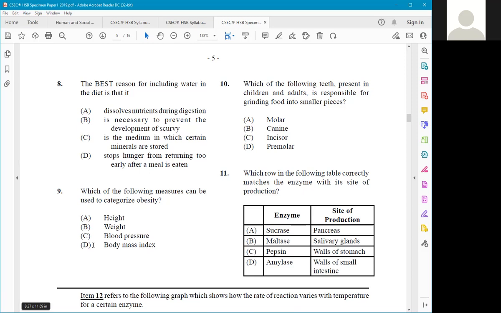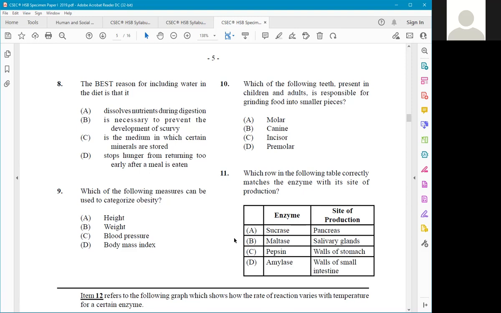They don't have to be obese. The weight alone, no. It has to be the weight in relation to the height of the person. And blood pressure, not at all. You have meager people with high blood pressure, meager people with low blood pressure, and the same with some persons who are already overweight. So the body mass index, D, would be the correct answer.